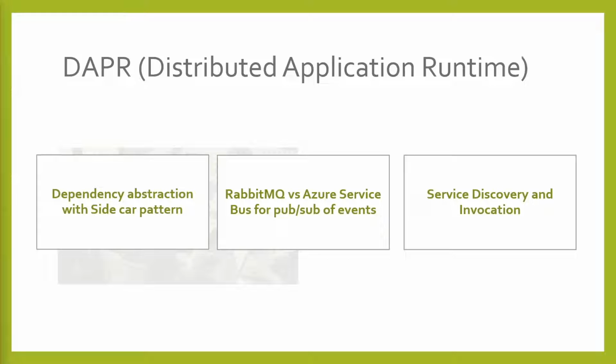And so DAPR has this service discovery capability where developers can just focus on their code and do not have to worry about the hows of communicating with other microservices. There are going to be other capabilities with DAPR, but we'll not go into details for this particular presentation.